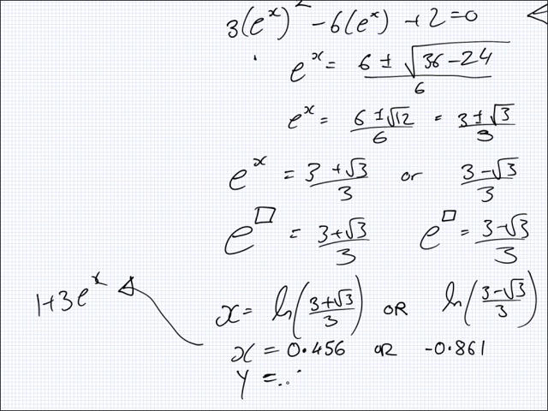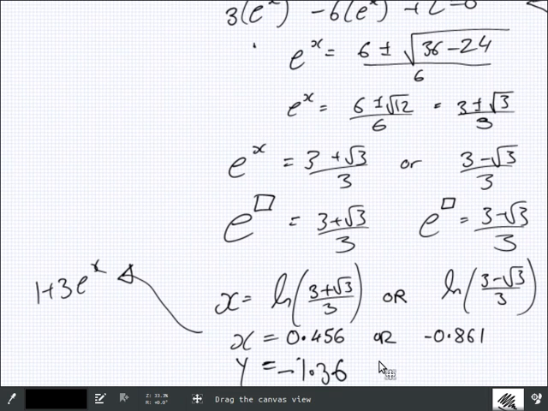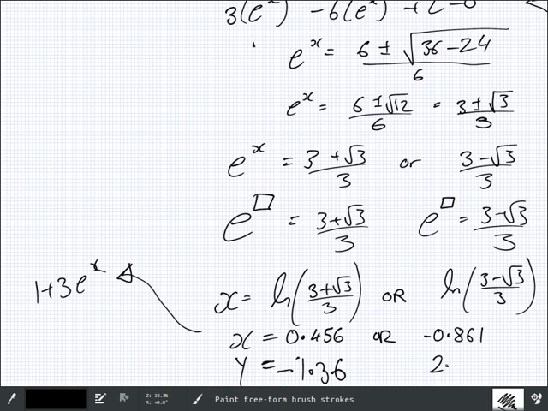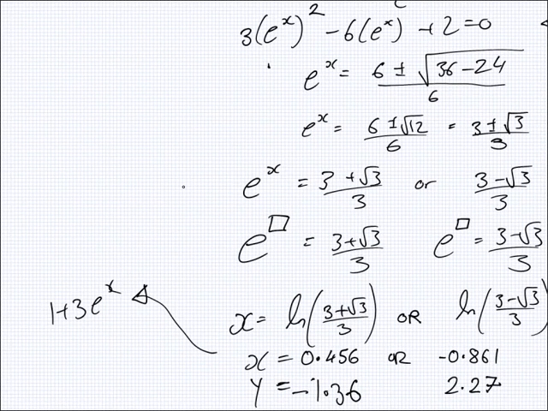Negative 1.3558. Yeah. 2.27. Yes. I got 5.732.